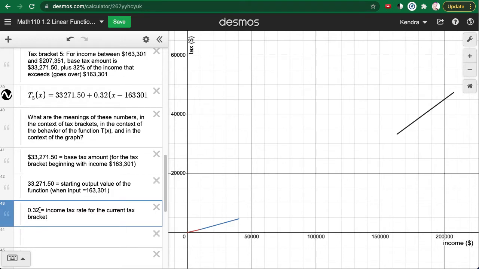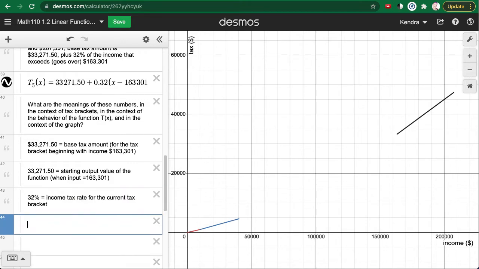Okay, and let's actually call this 32%. And so that gives us context for that 0.32.